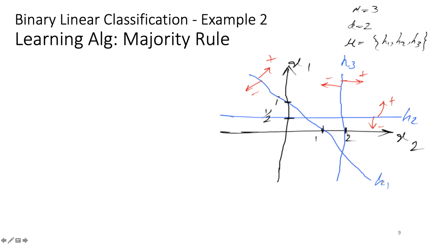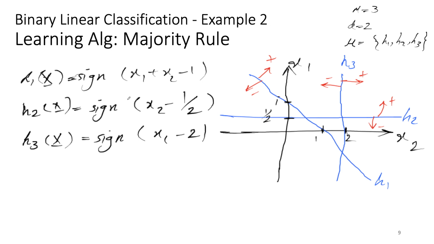This is h1; this area will be classified as pluses, there as minuses. h2 is at 1/2, pluses and minuses, and h3 intersects with x2 at 2. On the right side is pluses, the left side is minuses. So you're going to define the 3 perceptron case.